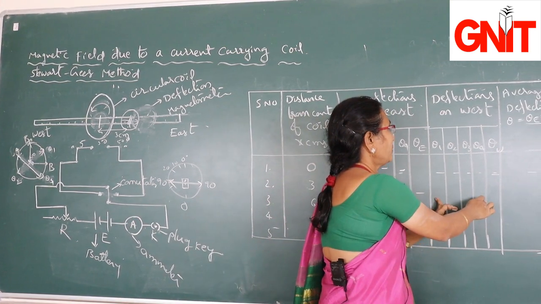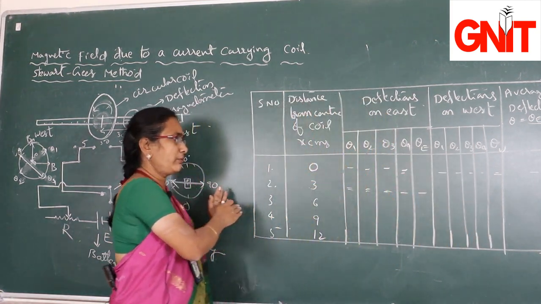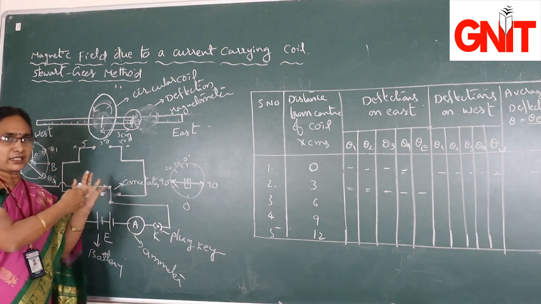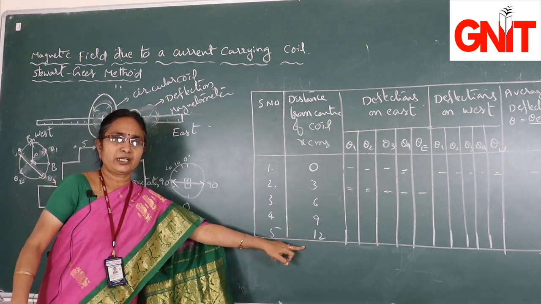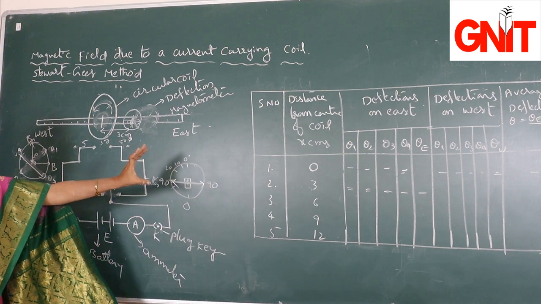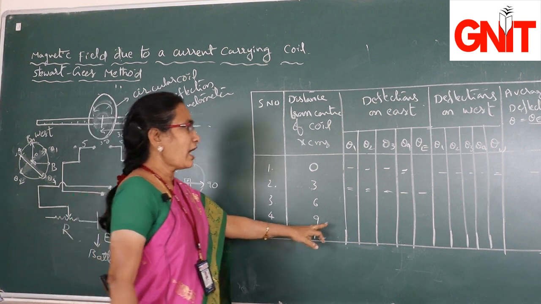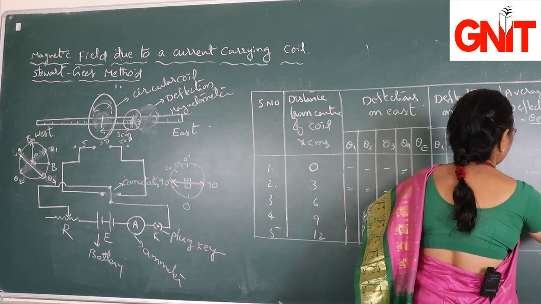Similarly, you will repeat the experiment on the west side. You will take the deflection magnetometer at distances in steps of 3 centimeters, 6 centimeters, 9 centimeters, 12 centimeters, like that. You keep on changing the distances, and each time you note down the current. And after noting down these average deflections, you will take the tan theta of it.